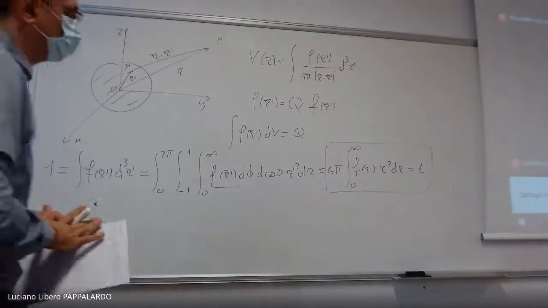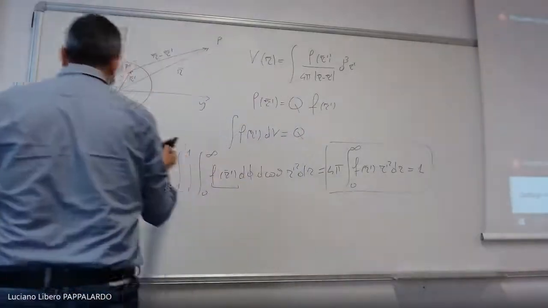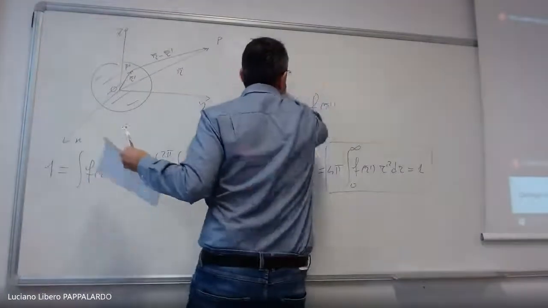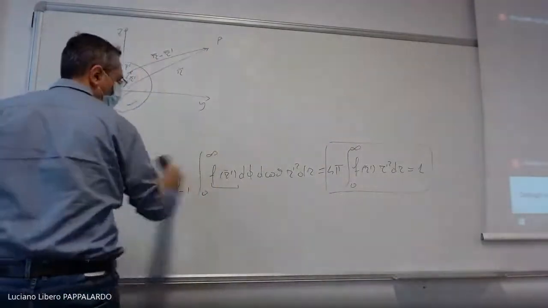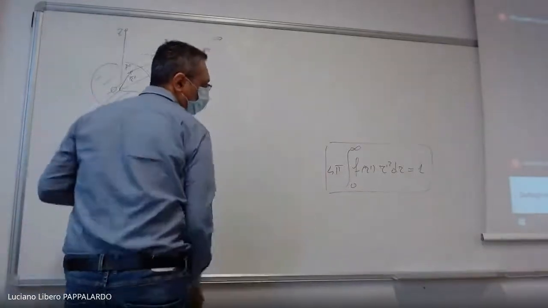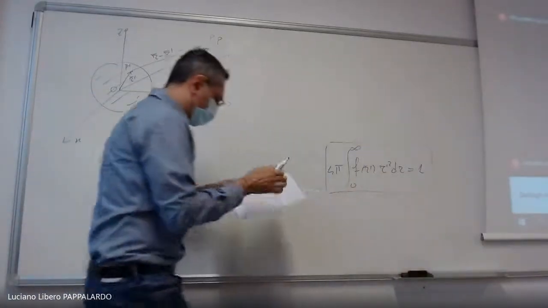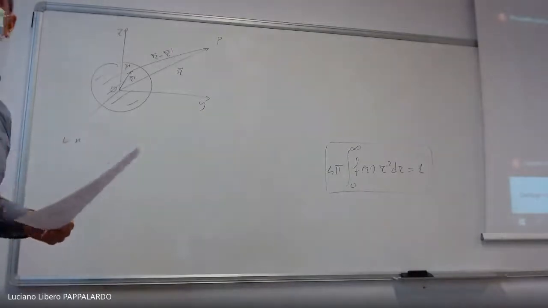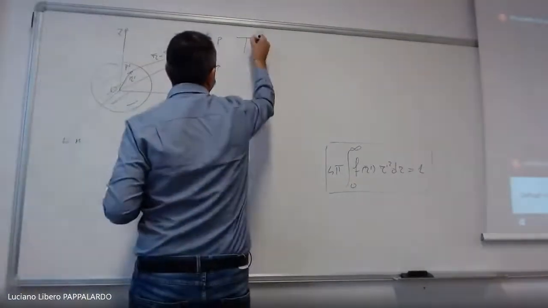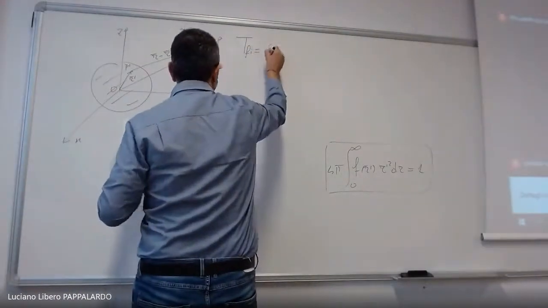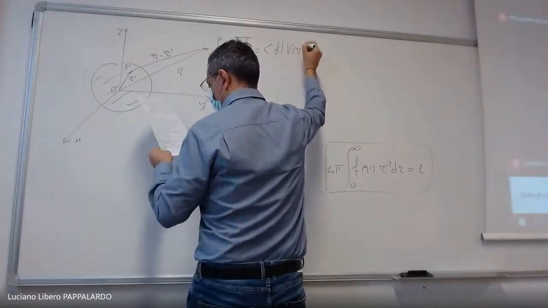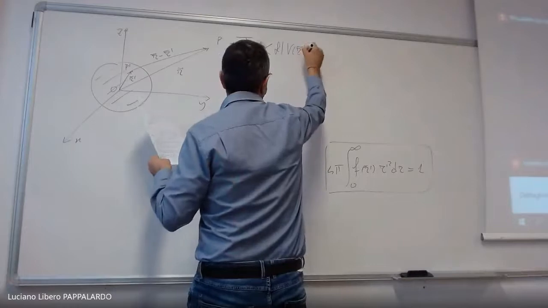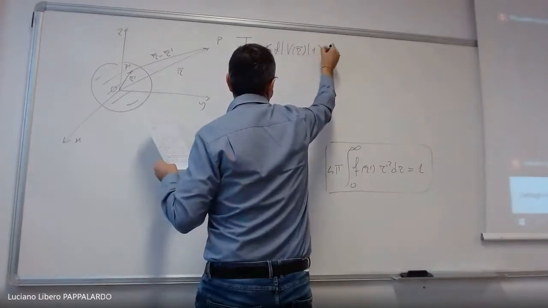Okay. Let me now clear the board. Let's compute now the transition probability amplitude. As usual, we put here our potential and the initial and final states.